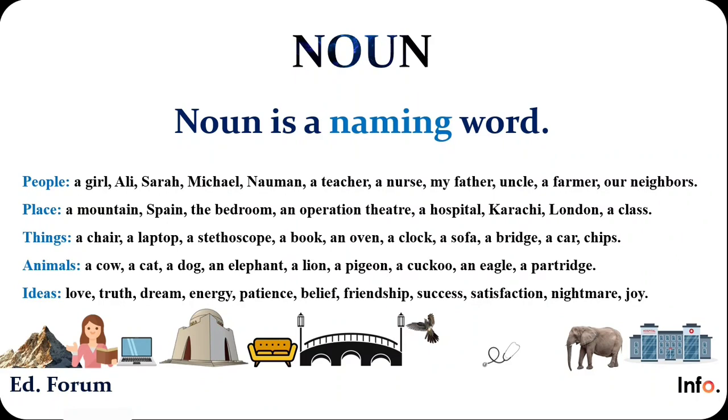Well, they are, of course. Ideas are also called nouns. Love, truth, dream, energy is also a noun. Patience, belief, friendship, success is also a noun. Satisfaction, nightmare, or you can say happiness or joy. They are also called nouns.